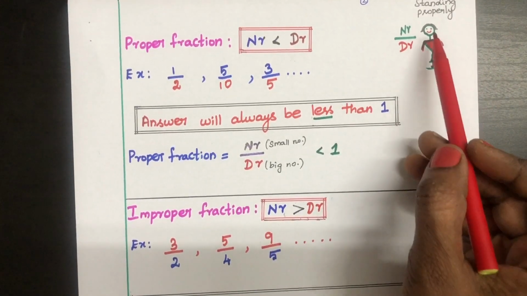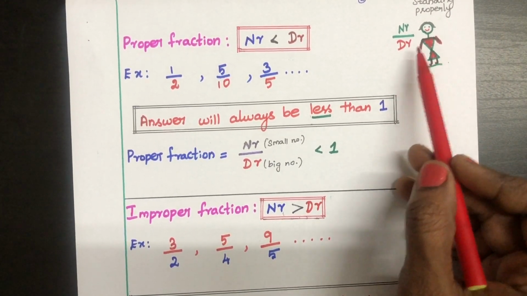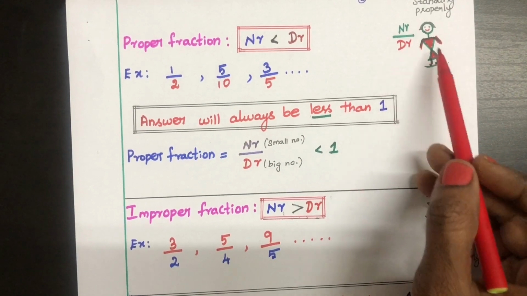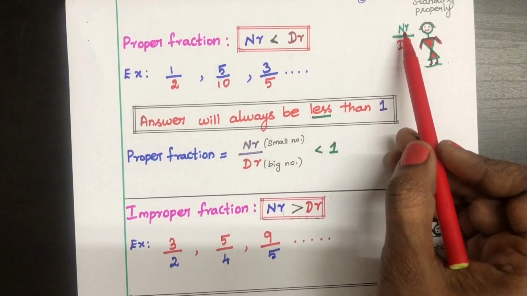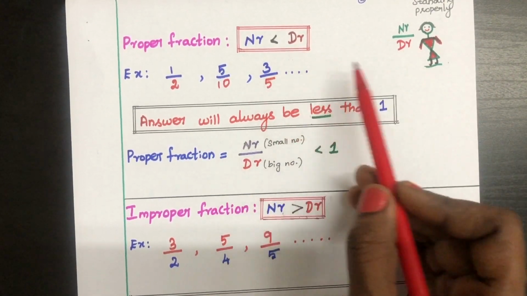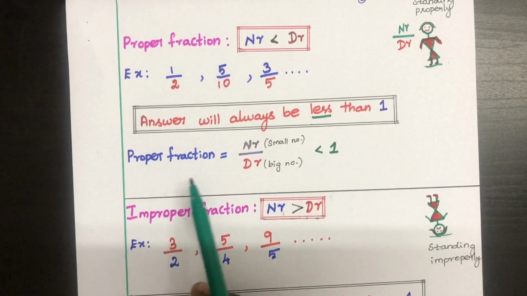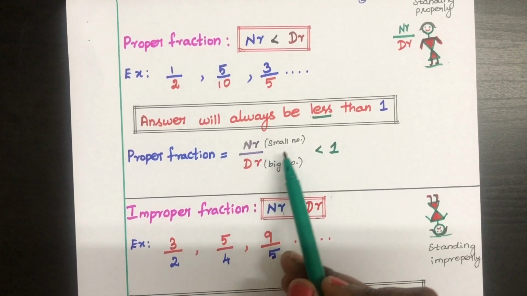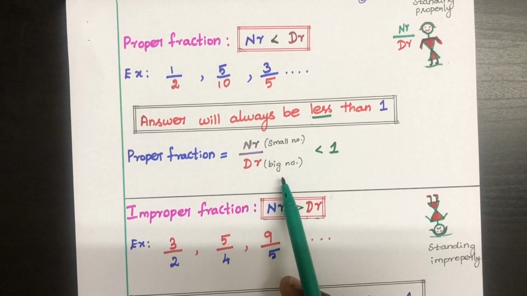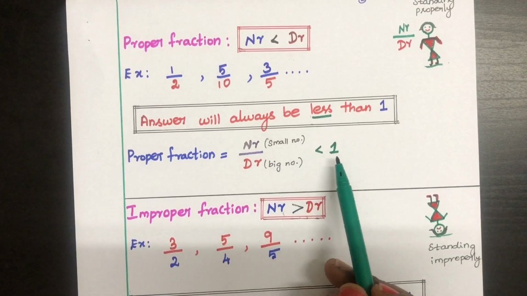Think like that. Big body, small head. So numerator is less than denominator. It will be easy to remember. Now proper fraction means numerator is a small number, denominator is a big number. The answer is less than 1.